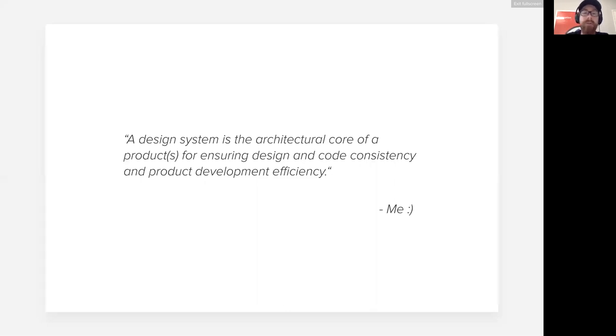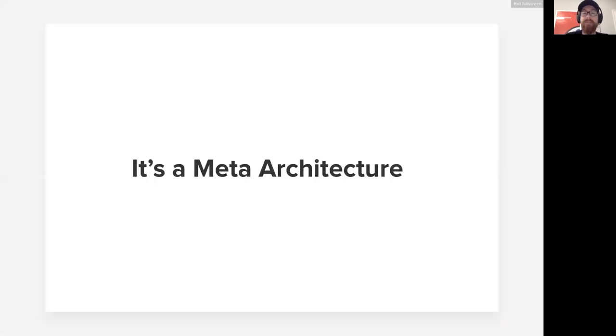It goes throughout all the implementations, all the incremental changes in the product, and it's an architectural core that really ensures design and code consistency and provides the product development efficiency that we mentioned right at the beginning. So a design system is really a means to have a proper, very good design process. So that's my definition.